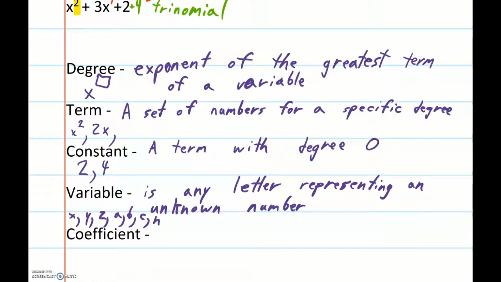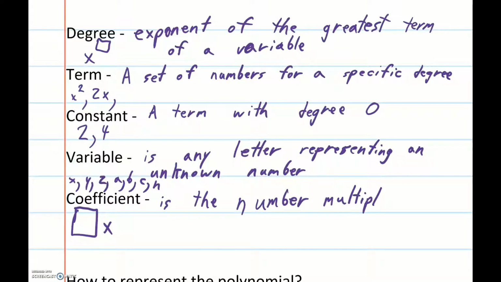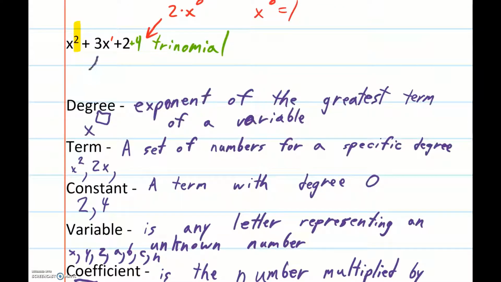But there could be any other letter. A coefficient is the number in front of or multiplied by a variable. So if you look at this one here, that is a coefficient of 3.